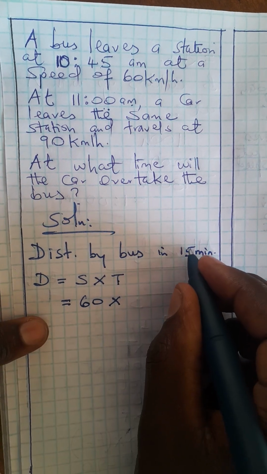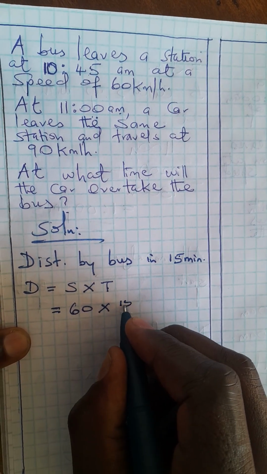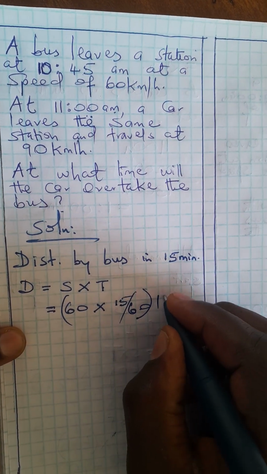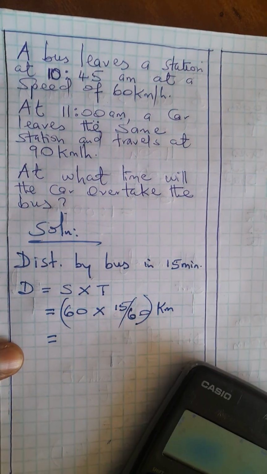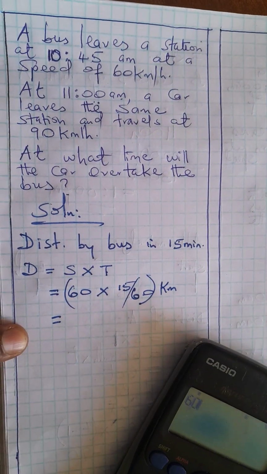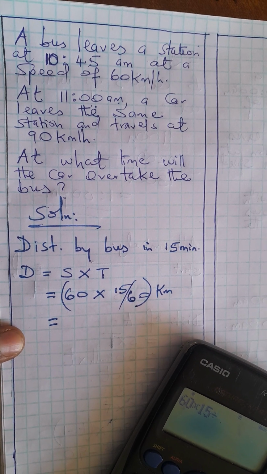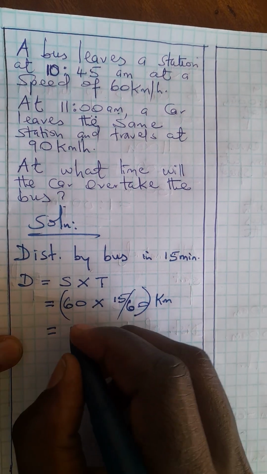Time is 15 minutes, so we convert it into hours by saying 15 over 60. So what is this distance? From the calculator, 60 times 15 over 60 gives 15 kilometers.